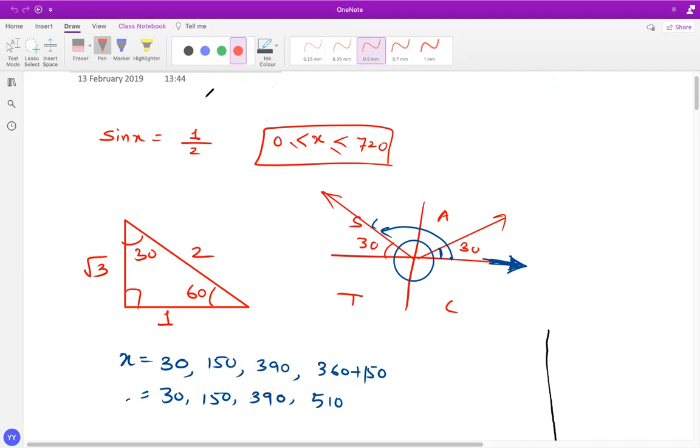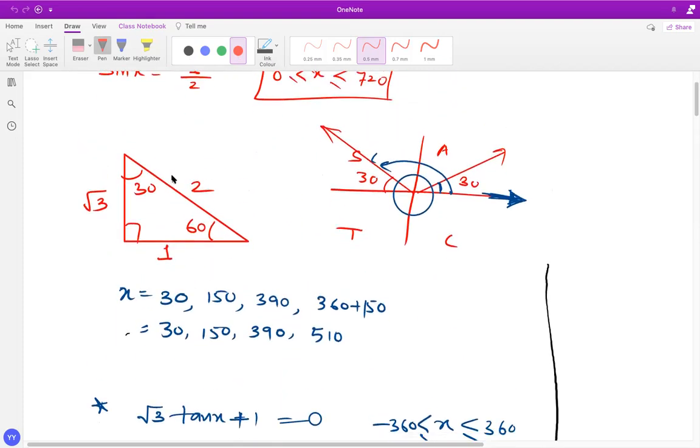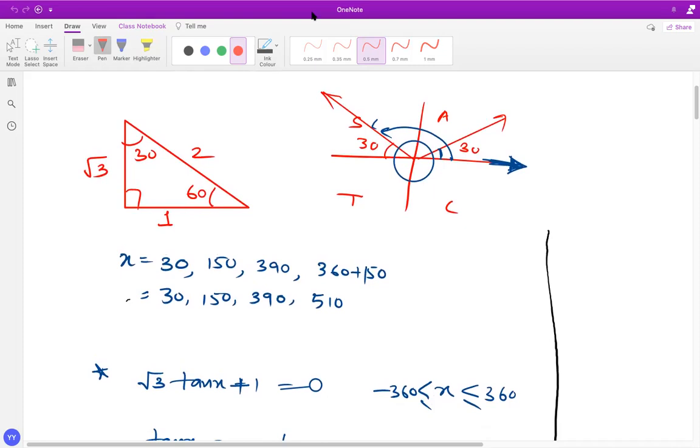Now let's go ahead towards the next example, a little more challenging one. The question is, I have to solve for square root of 3 tan x plus 1 equals to 0. Some questions seem difficult when you look at them, but if you just apply the general logic, which is just the modification step, I can write this as tan x is negative 1 over square root of 3.